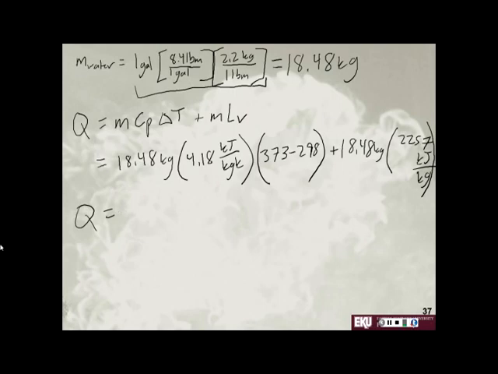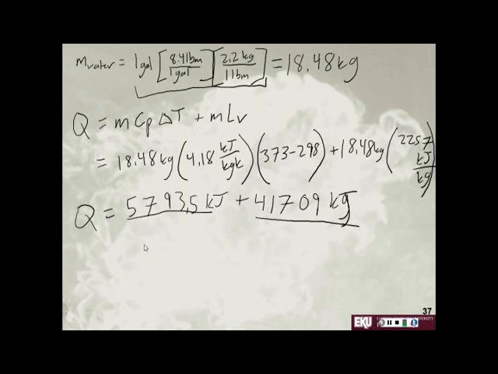This is 5,793.5 kilojoules, plus 18.48 times 2257, which is 41,709 kilojoules. So we want to look at the difference between these two.